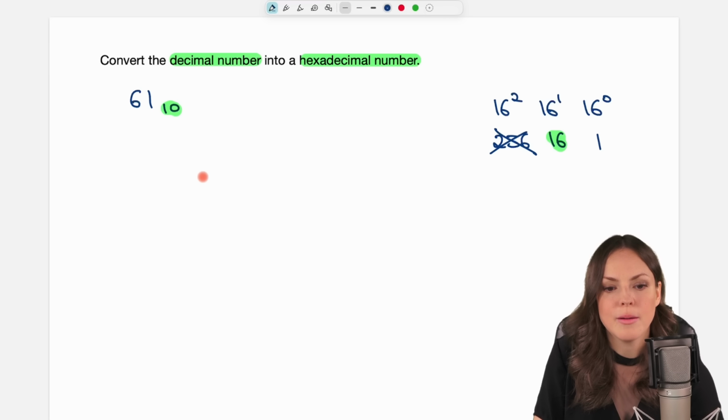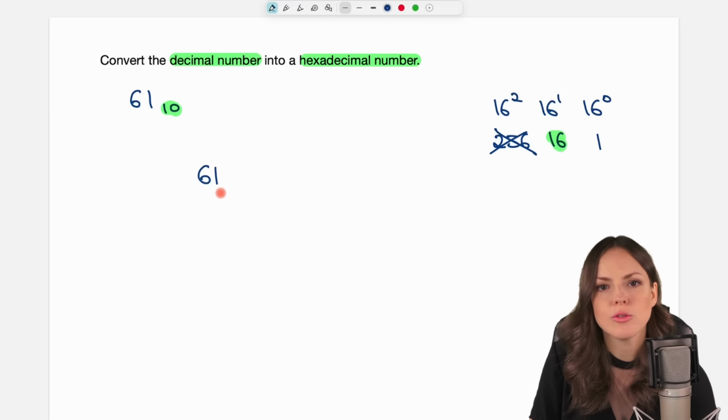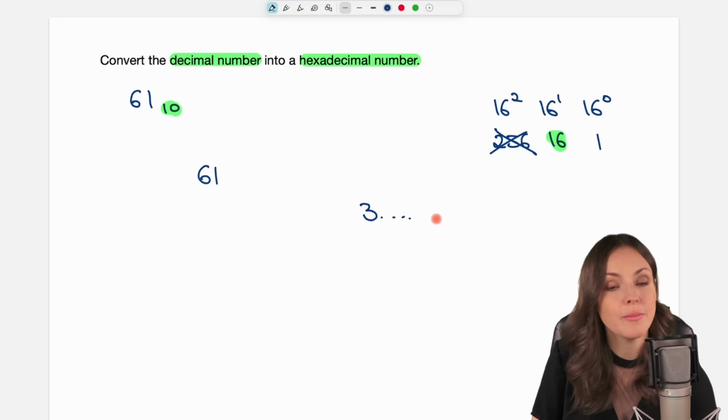And now we take our number, the 61, and ask ourselves, how often does the 16 go into the 61? You can also use a calculator, so you can take the 61 divided by 16, which gives you a result of 3 point something.